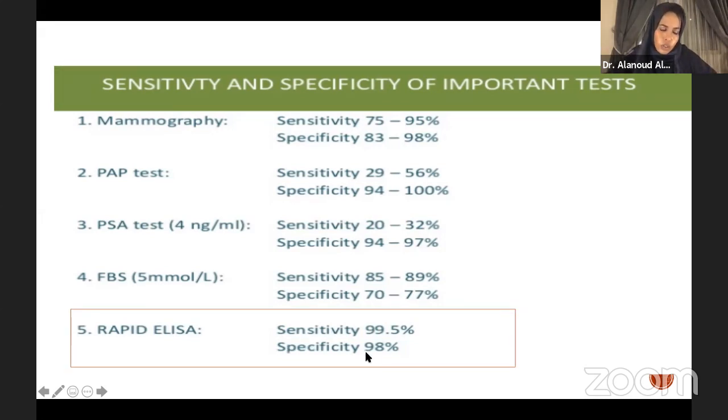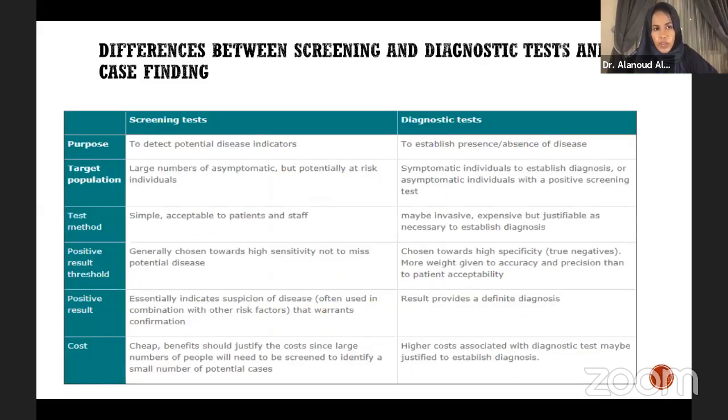And I think also in the context of COVID-19, doing ELISA test and assessing the prevalence of seroconversion by ELISA test is the best way to accurately detect the prevalence of seroconversion, better than qualitative antibody assays. So here's a quick look at how to differentiate between screening and diagnostic testing.